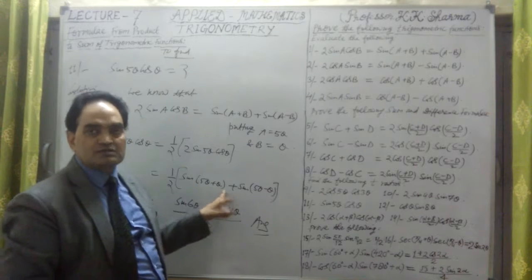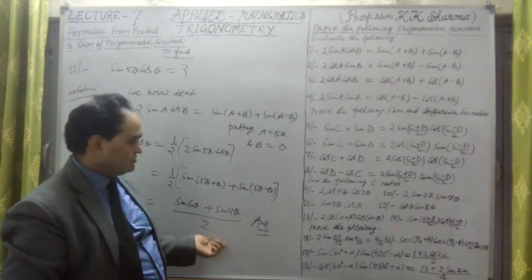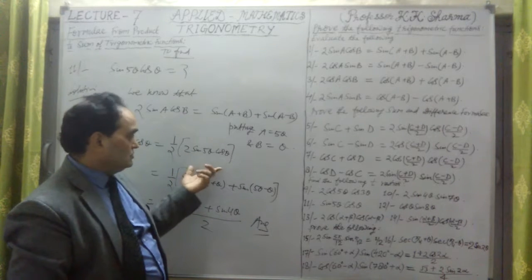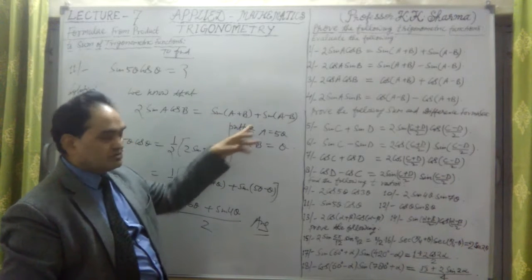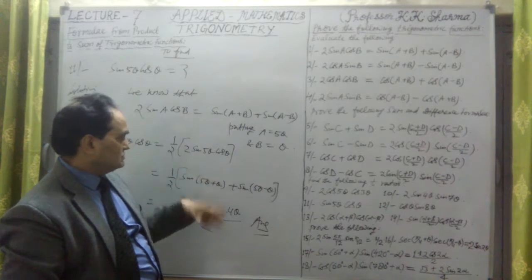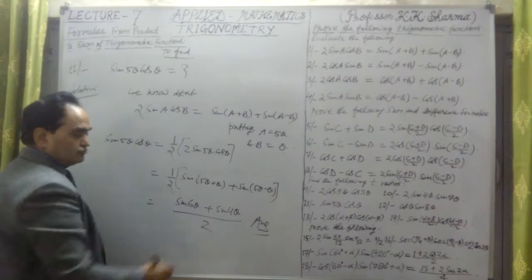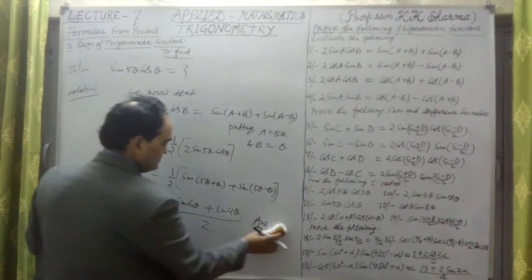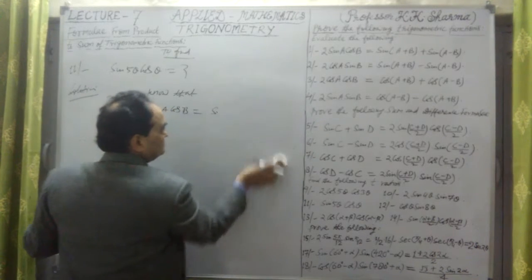This is to be remembered: we have to just multiply by 2 and divide by 2, so 2 is not there. Now this formula can be directly put, sin A plus B plus sin A minus B. This is the answer to question number 11. So finally we have done this. Now let me talk about the next question.